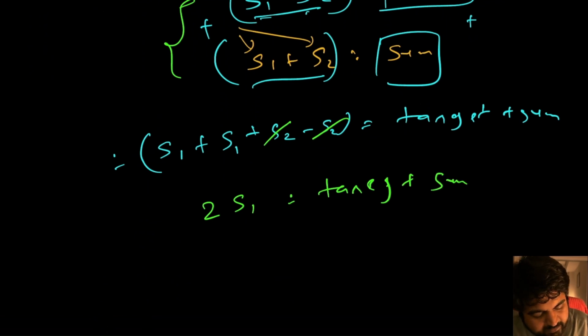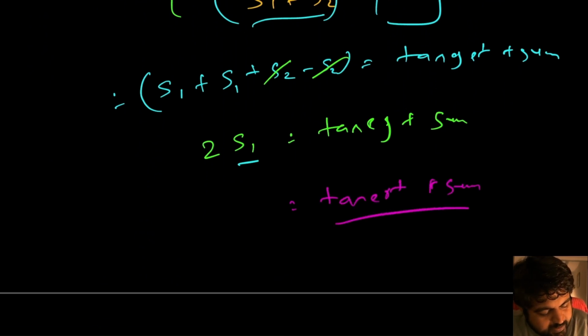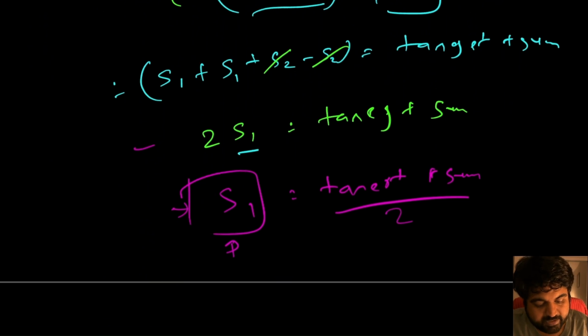So we know that we need to find a partition such that the value s1 exists, and the value of s1 is going to be simple: target plus sum, divided by 2. Now if we can identify s1, then we should be able to identify s2. So s2 would be basically all the remaining values, and we will just add a minus sign before them.